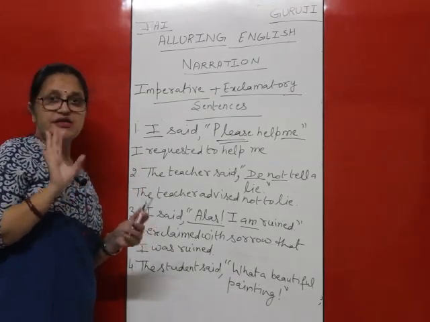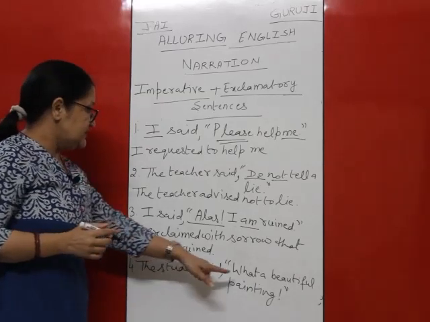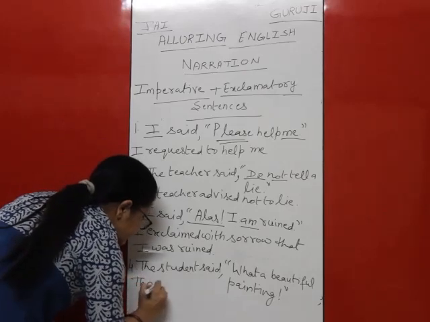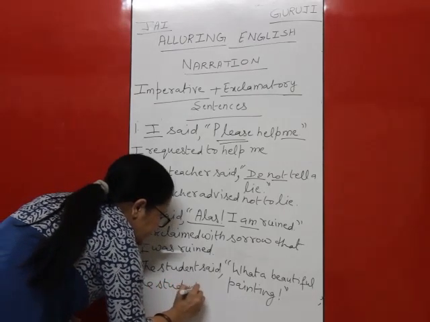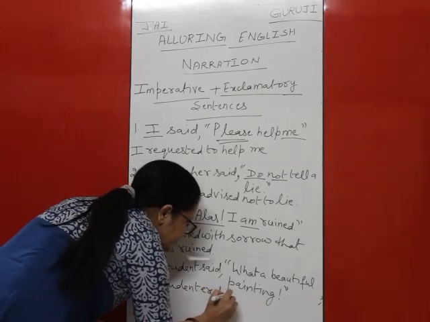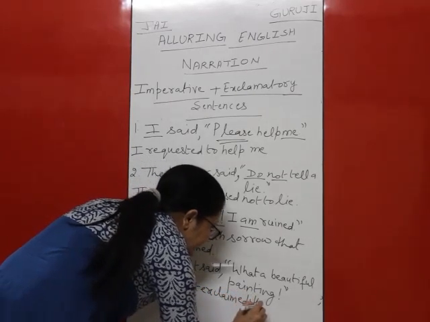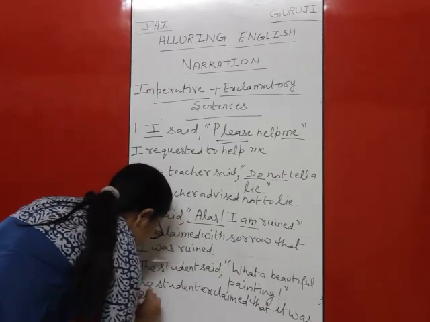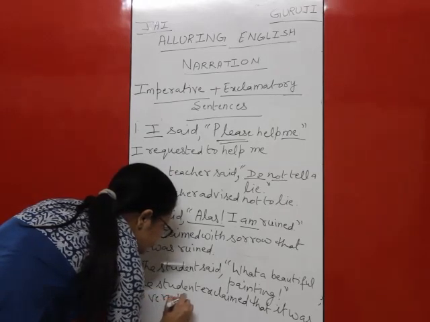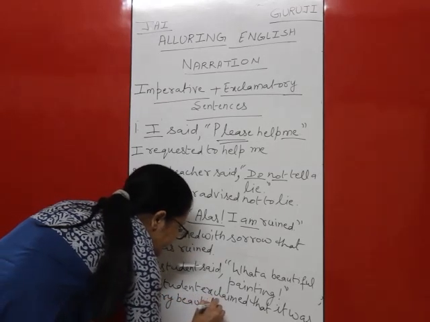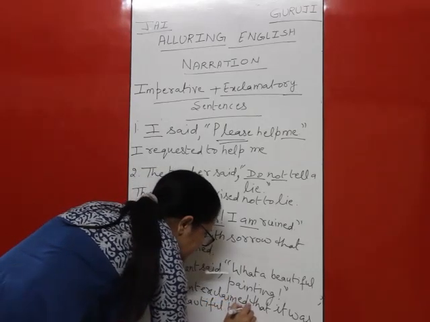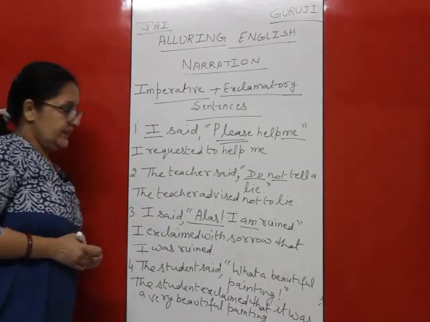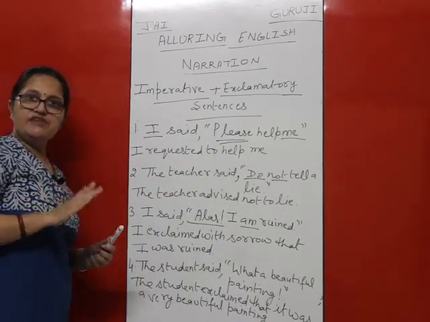That means he has seen a beautiful painting. So in this sentence, I will remove the word what and I'll do certain changes. The student exclaimed that it was a very beautiful painting. So like interrogative sentences, in exclamatory sentences also, we convert exclamatory sentences into affirmative sentences.